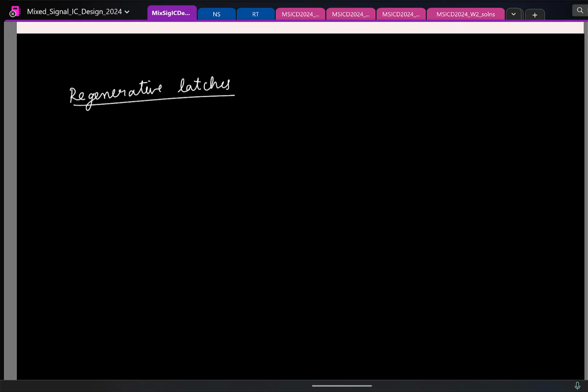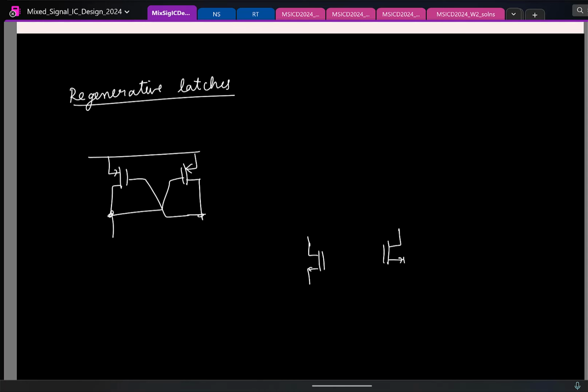And at the heart of any regenerative latch, you will either find a cross couple pair. So it could be a PMOS cross couple pair like we started with, so we have something like this, or you can have an NMOS cross couple pair, or you can have both of them acting in tandem.